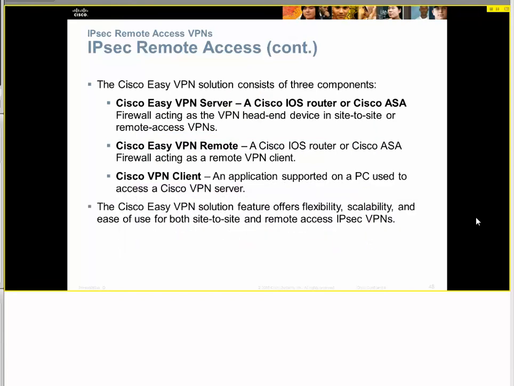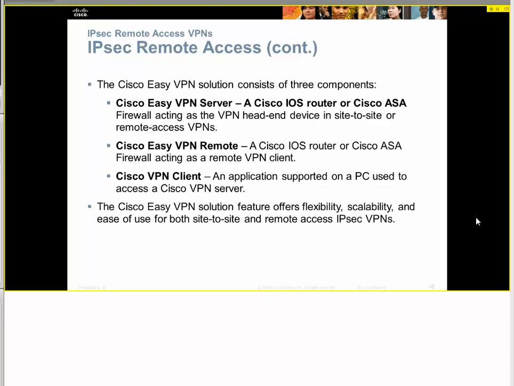In order to build out the Cisco EasyVPN solution, you need a server. What's the server? It's a Cisco IOS router or ASA. So you can do a remote access VPN if you have a router out there. It's easier to set up on an ASA appliance, but you can use it on a router. You have to have the VPN remote, which is a firewall.